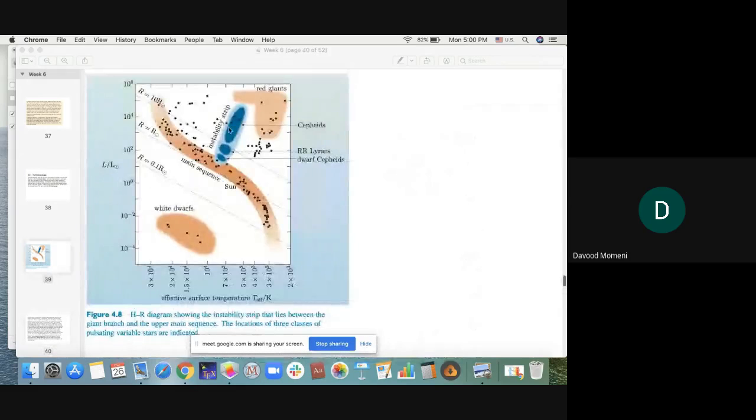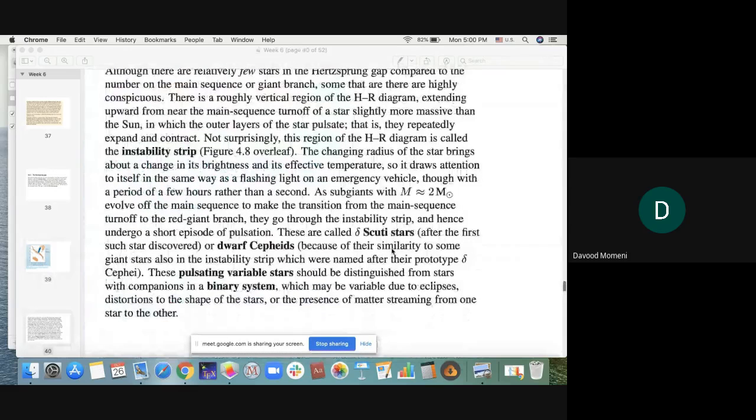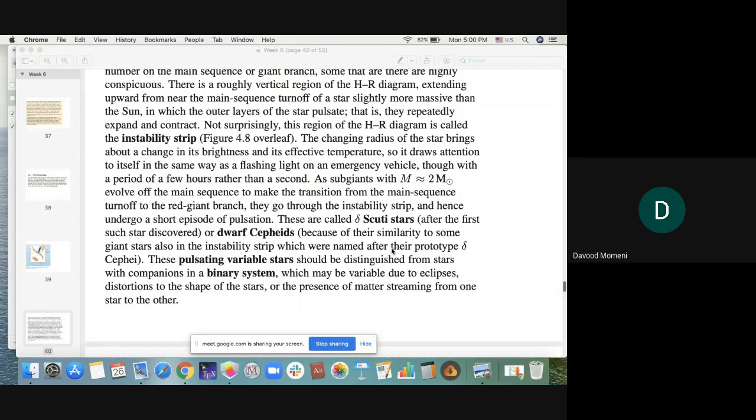Strip means this strip. Based on the mass, you can name them different things. For example, Scuti stars are subgiants with a mass of the order of 2 times the solar mass, or you can have dwarfs. Dwarfs also somehow belong to the subgiant phase.